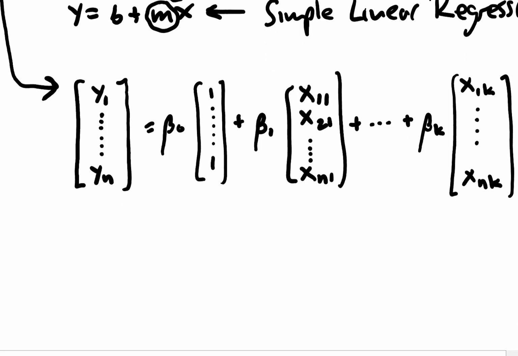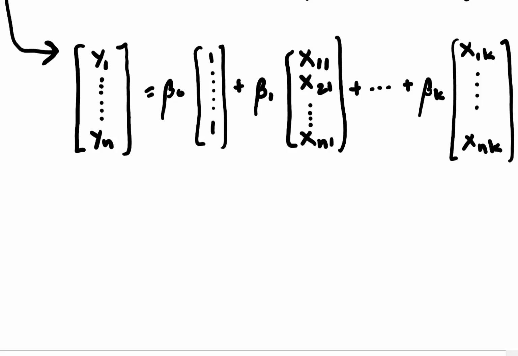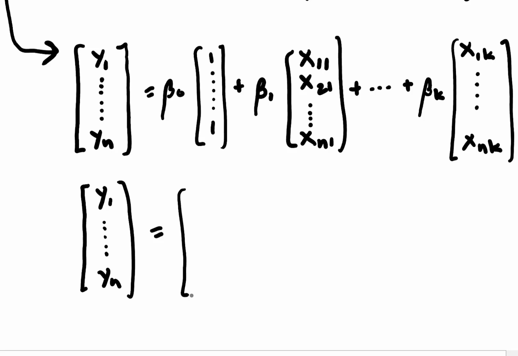All right, so now that we have this in vector form, what we want to do is combine the x terms into a matrix and the beta terms into a vector. How that's going to look is we still have our observations, y1 to yn, and this is equal to, if we combine all of our x terms, first of all, we know that the first column is going to be all ones.